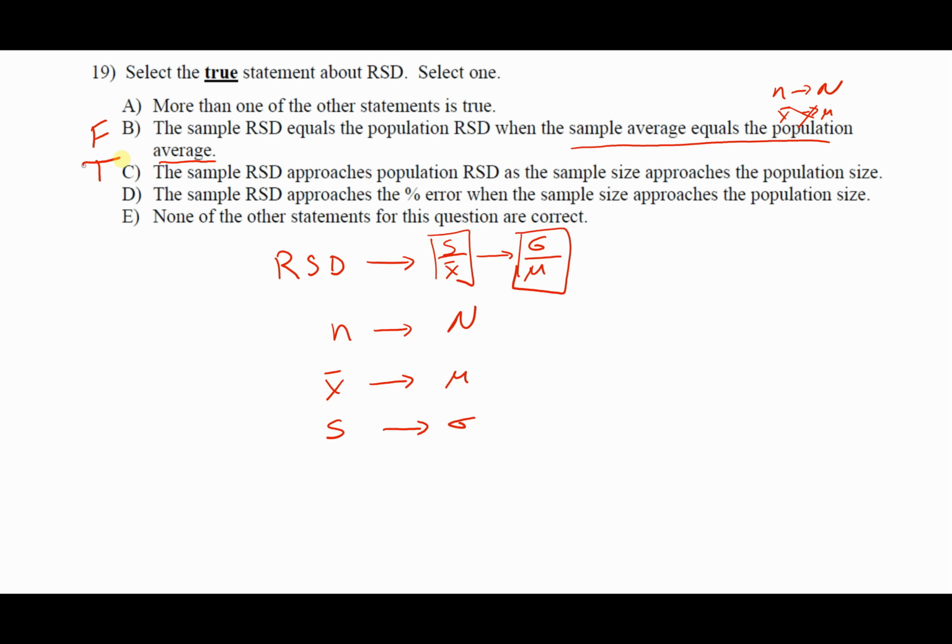So this is absolutely true, because we know these two components would do this. So let's see, D. The sample RSD approaches the percent error when the sample, RSD, accuracy and error have nothing to do with each other, and none of the statements are correct is incorrect. So the answer is C.